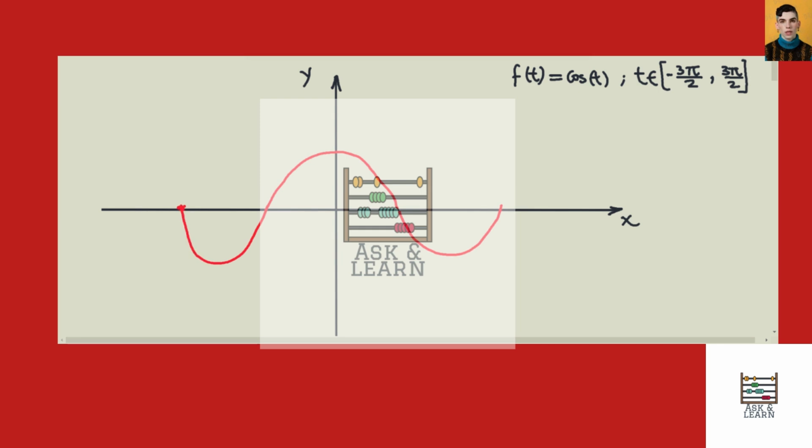And here the value is included because we have included both endpoints. The value at -3π/2 and 3π/2 is 0. And this value here is 1. And this value here, we know is -1. That is at this point, -1, which is the same as this point here.